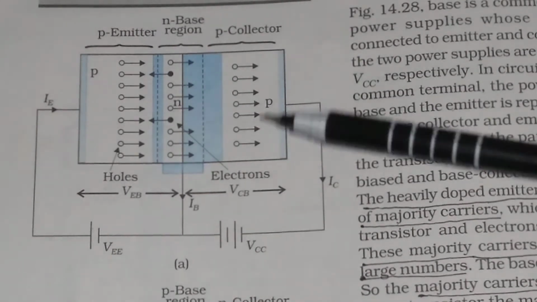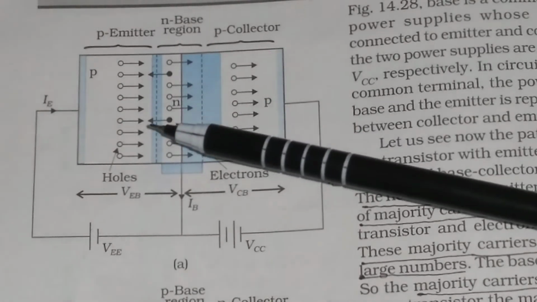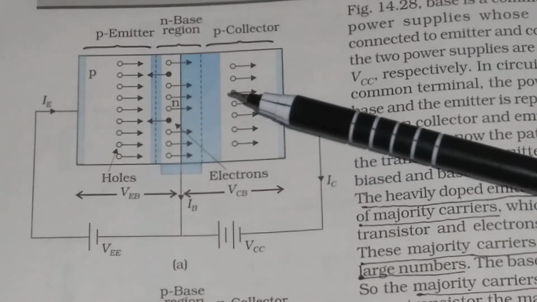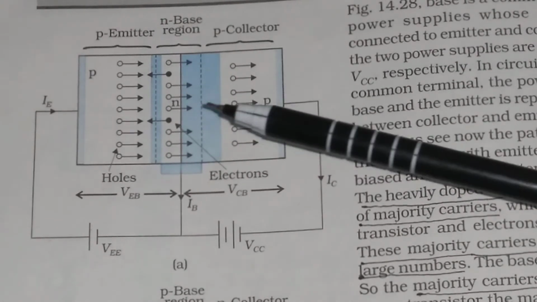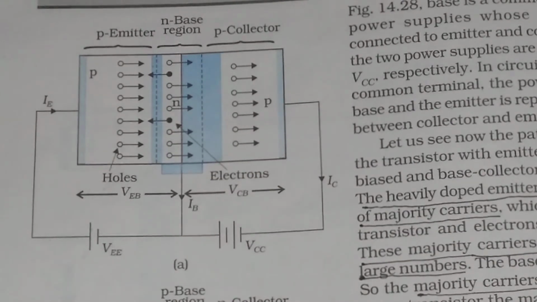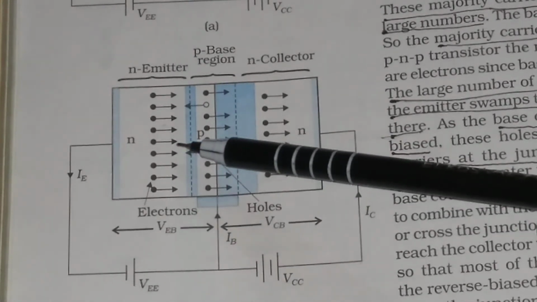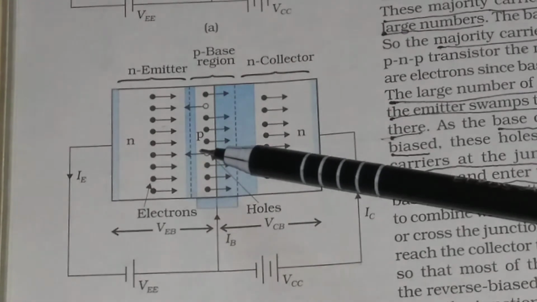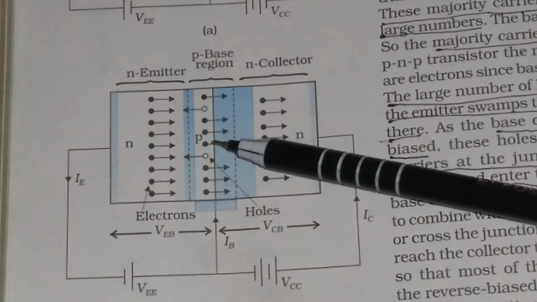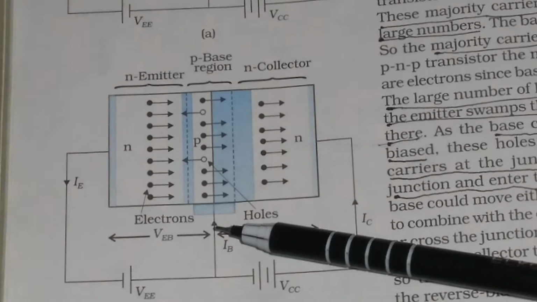So you see, whether it is PNP or NPN, of the current coming from the emitter to the base, most of the current flows through to the collector, and a very small amount of current passes through the base as base current. In NPN also the same thing happens. The emitter current flows from the base to the collector. Most of the current flows from the base to the collector, and a very small current flows through the base.